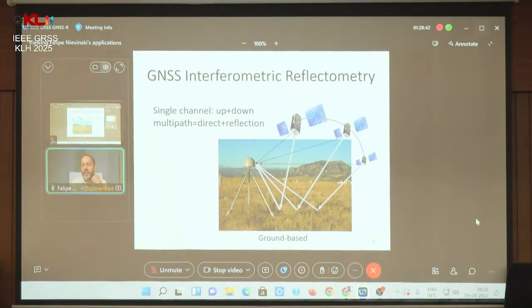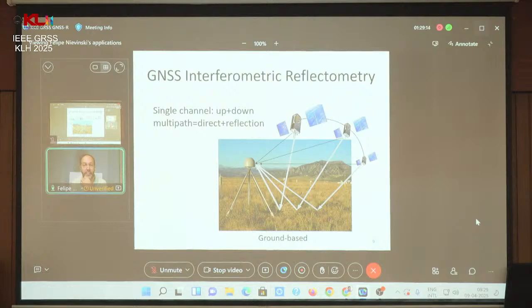So in the GNSS-IR configuration, we have a single antenna and a commercial GNSS receiver that has a single signal replica. It's a composite signal that is the summation of the direct and the reflected wave.